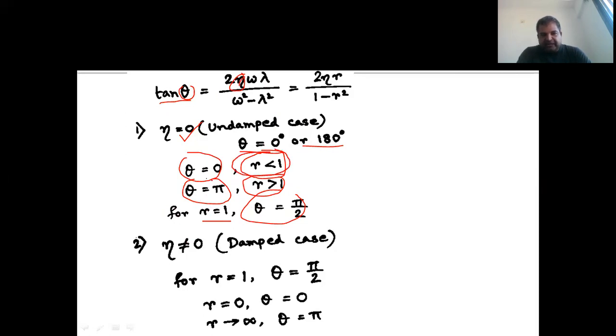You take theta equal to pi and use different values of r which is greater than 1, and you take r equal to 1, eta equal to 0, and find out the value of theta here, right? So this way your values will be coming.